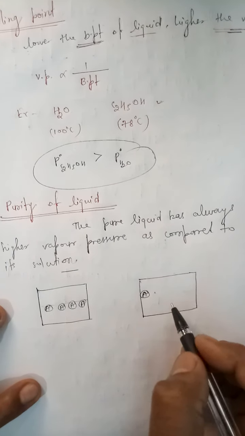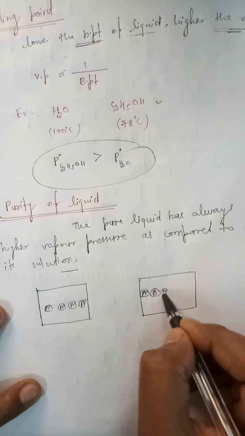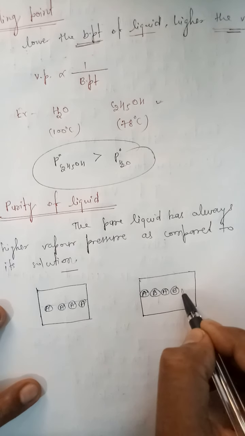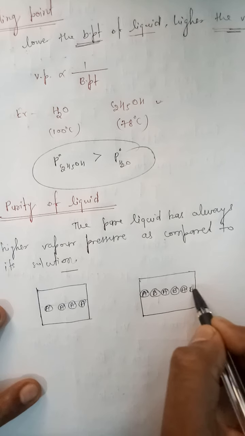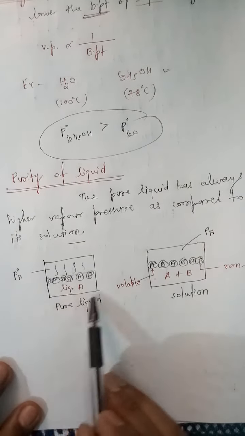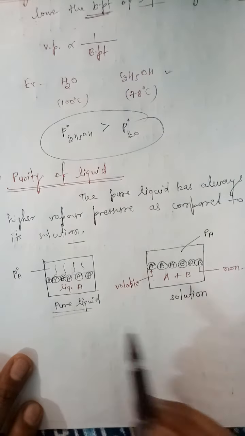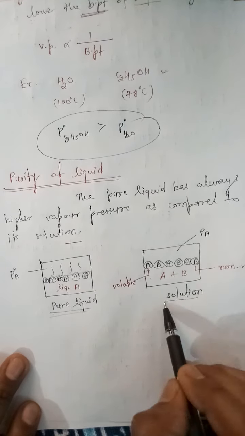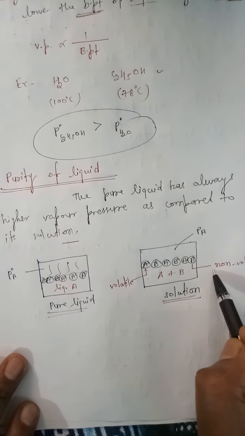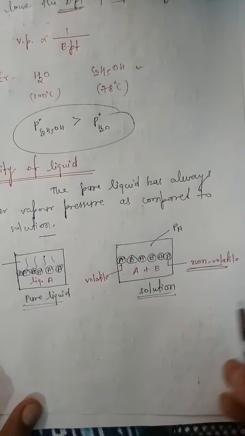That means I'm taking two liquids, liquid A and liquid B. So here I have taken a pure liquid in this container, and the solution I am making here by mixing a non-volatile substance in the liquid.